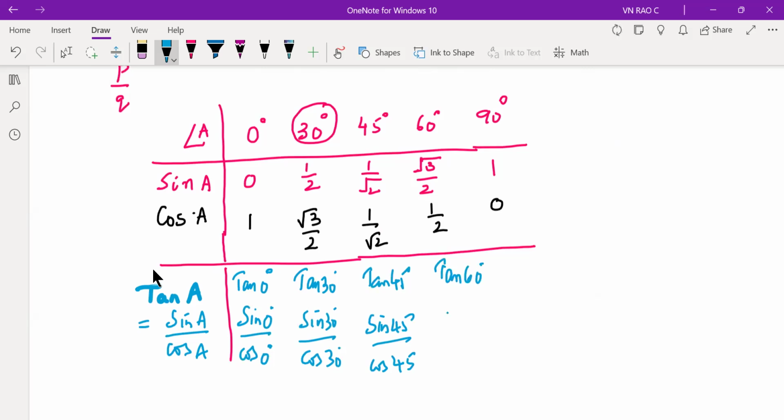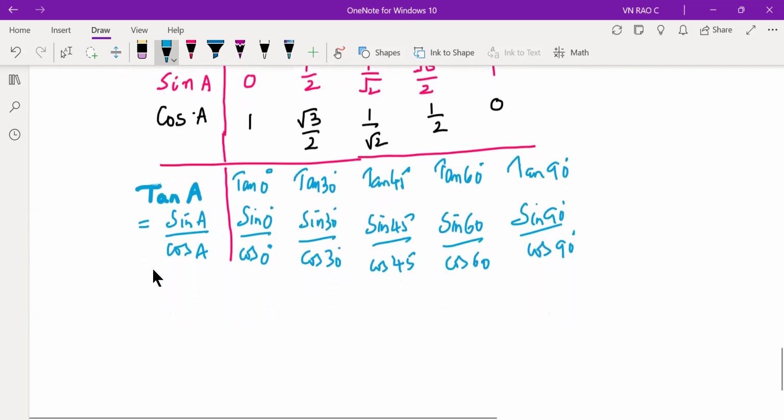Tan 60 degrees becomes sine 60 by cos 60 degrees. Tan 90 degrees becomes sine 90 by cos 90 degrees. So these are the trigonometric ratios we write for tan.